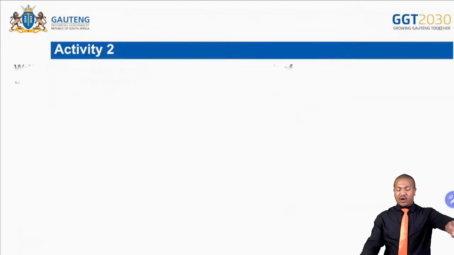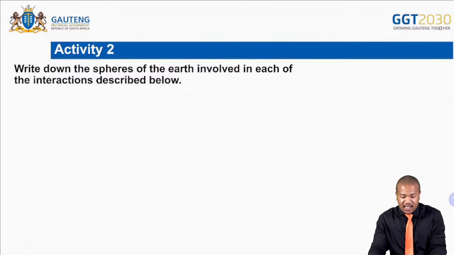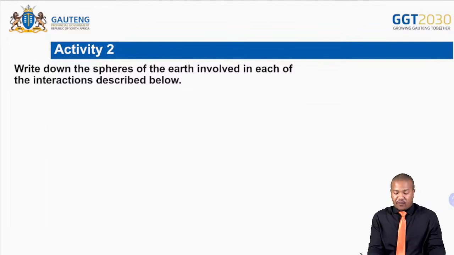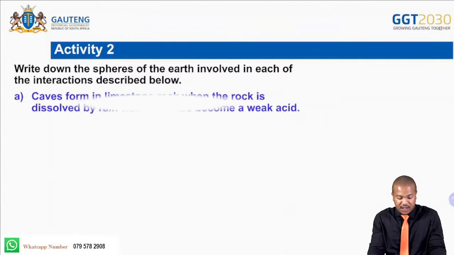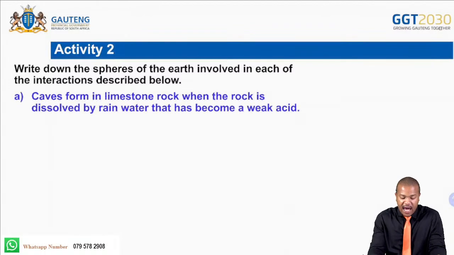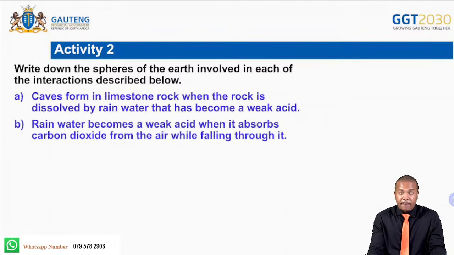So now let's move on to activity 2. It says, write down the spheres of the Earth involved in each of the interactions described below. A. Caves form in limestone rock when the rock is dissolved by rainwater that has become a weak acid. B. Rainwater becomes a weak acid when it absorbs carbon dioxide from the air while falling through it.